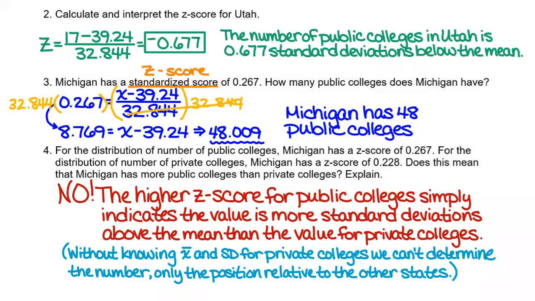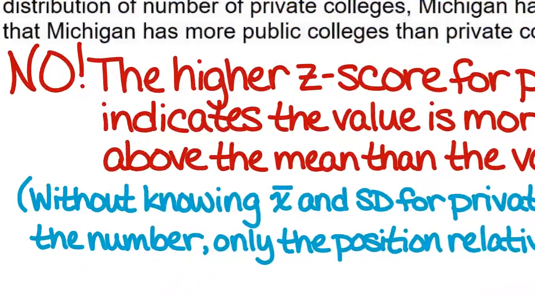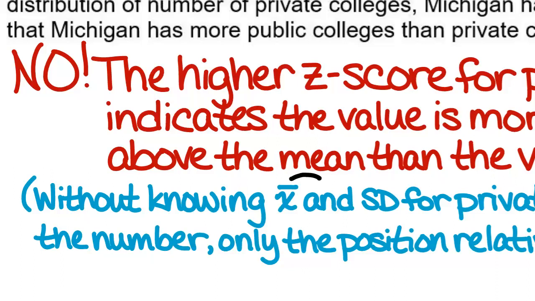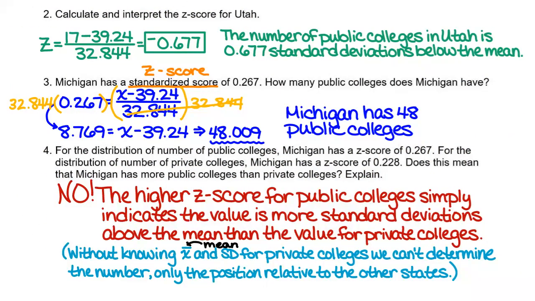And then to echo what Joanne had said, without knowing x bar, what does x bar mean again? Mean. Whenever you see x with that little line over it, that's the mean. Without knowing the mean, without knowing x bar and the standard deviation for the private colleges, we can't determine the number. Only the position relative to the other states.